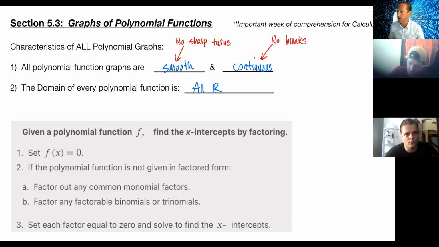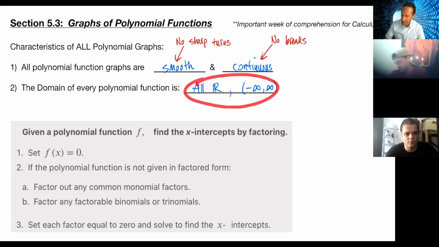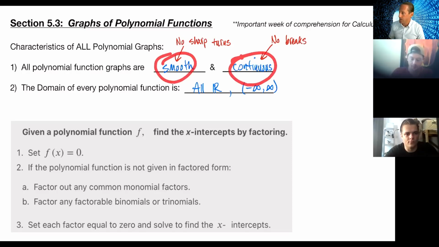That double-legged R stands for real numbers, or in interval notation, as somebody mentioned, negative to positive infinity. Excellent. So again, what does that mean? Well, we could put in anything to our domain, we called it, for our x values, and we will get out some y. And not only that, but it's going to be smooth and continuous.